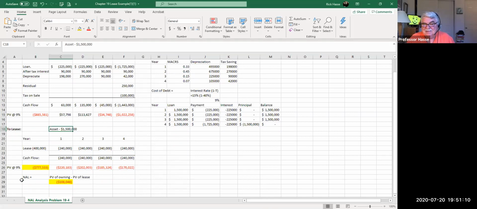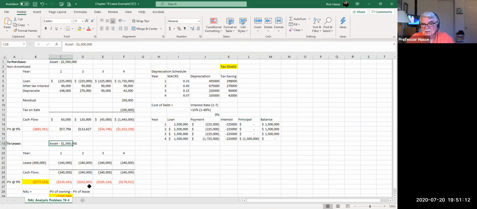It's called the net advantage to leasing. We are not going to do this calculation in class, but this is an example I wanted to show you. You're still doing a net present value analysis of the cash flow of purchasing an asset and leasing an asset. In the case of this example, leasing is cheaper by about $100,000.